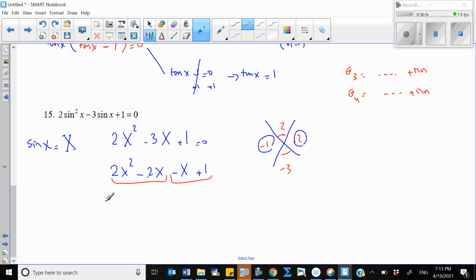From the first group, I can factor 2x. So I factor 2x squared, it will be x, and factor 2x from 2x, it will be -1. From the second one, I can factor -1, and it will be x minus 1. Now I factor x minus 1, and it's 2x minus 1 left.